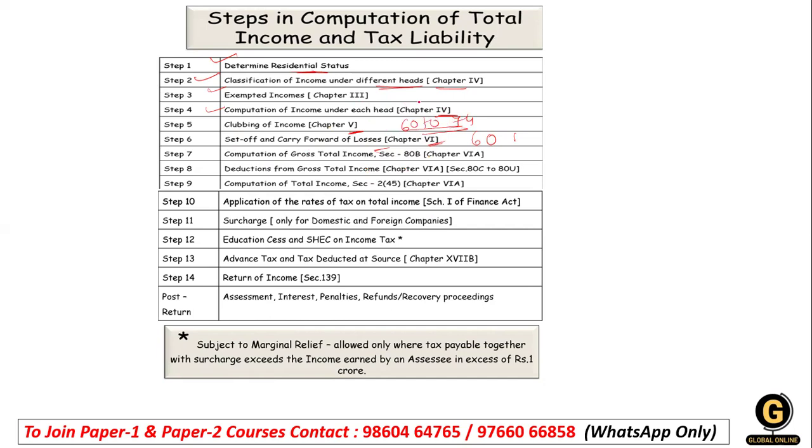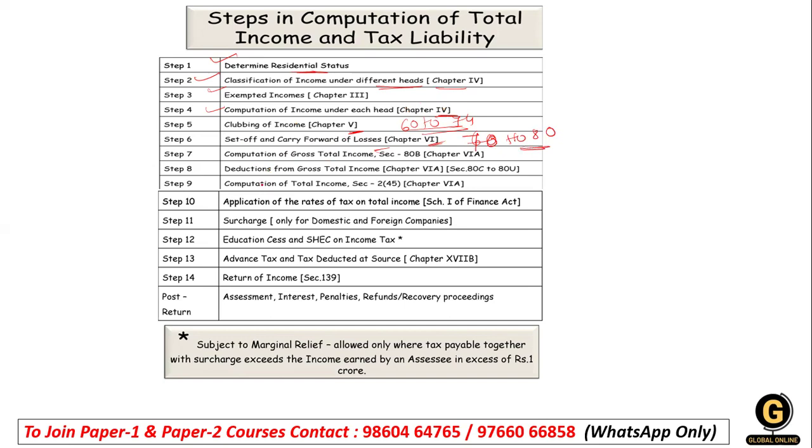And then compute the gross total income under section 80B, that is chapter 4A. And after that, in step number 8, they deduct from the gross total income. One thing is that for the set off and carry forward, the sections given are 70 to 80.